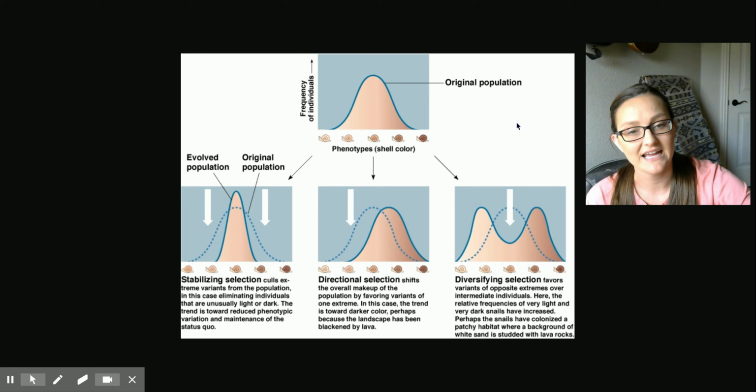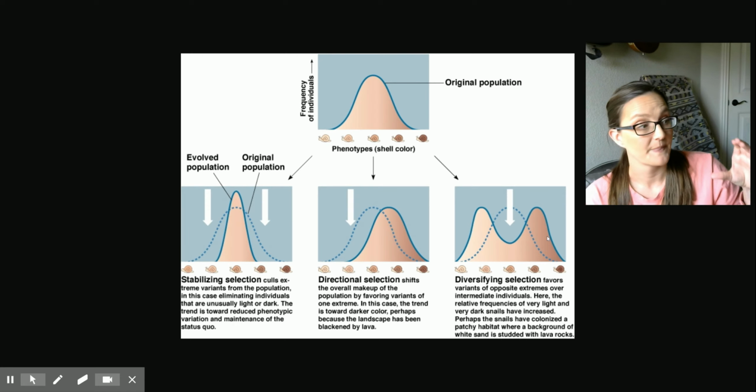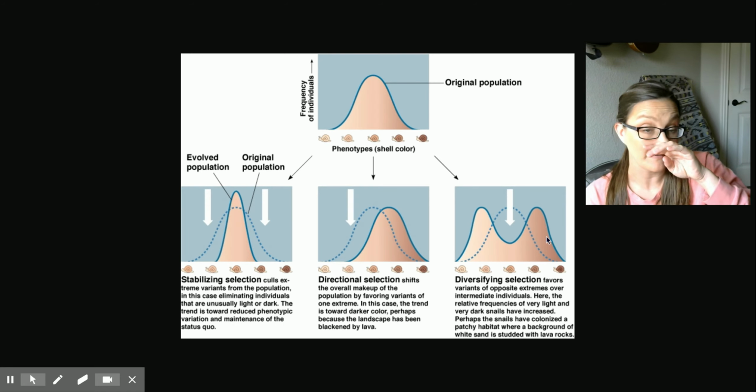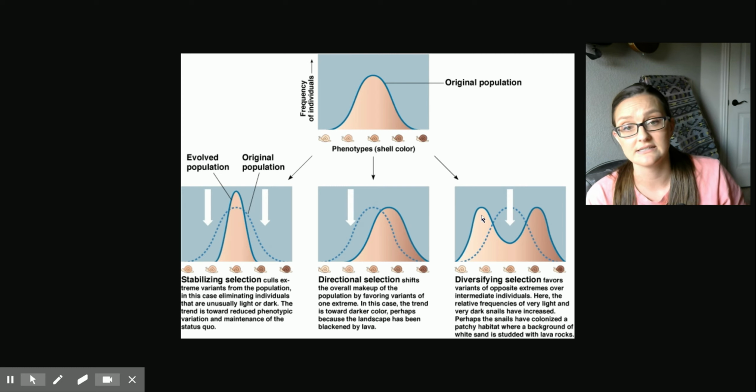So in that case, it pays to have a really long, skinny, narrow beak. And in this case, it pays to have a really dense, wide beak, right? The average beaks are not strong enough to crack open the nuts, but they're also not small enough to fit in and get that nectar. So that's a disruptive selection example in real life as well.